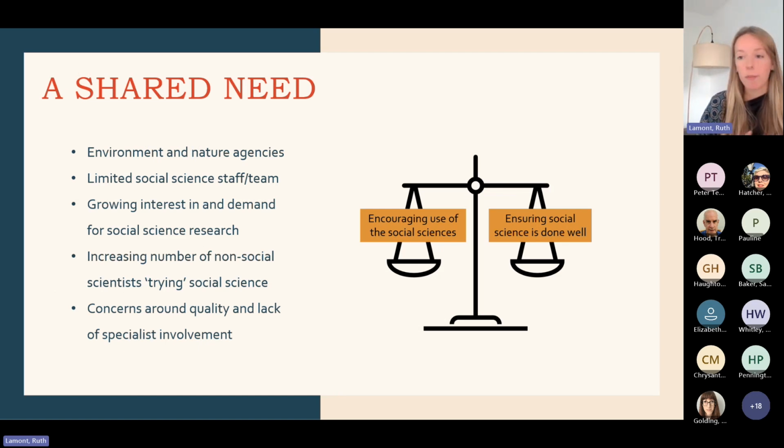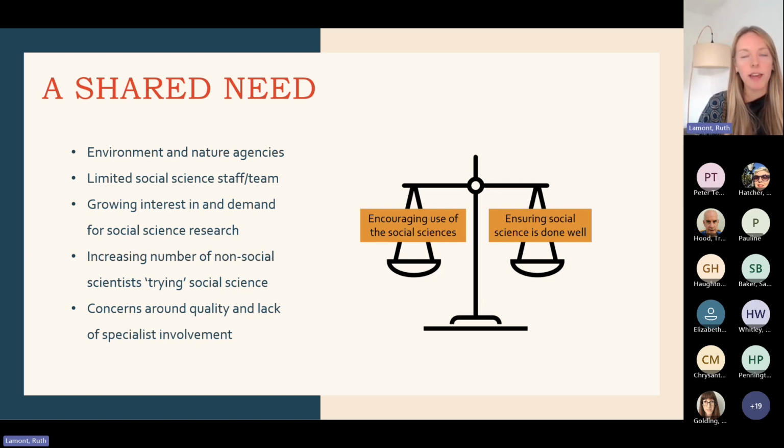We're all in this environment and nature space, and we all have fairly limited social science teams and staff. In some agencies, it can be as little as one social scientist. And despite this, there's a really encouraging growing interest in and demand for social science research. And we really don't want to discourage this. It's a really positive thing.